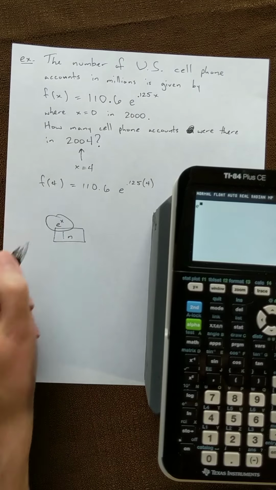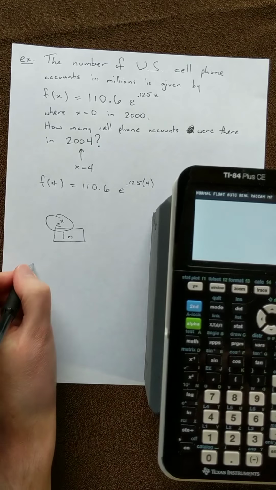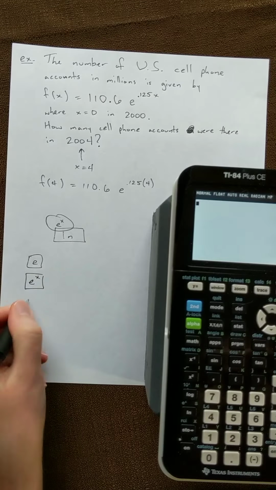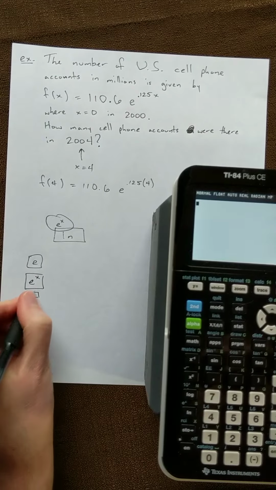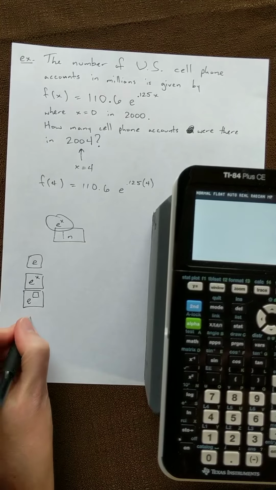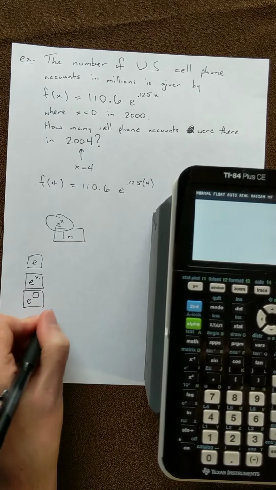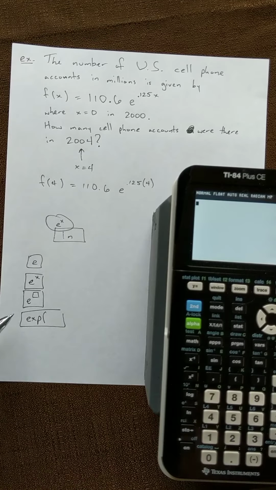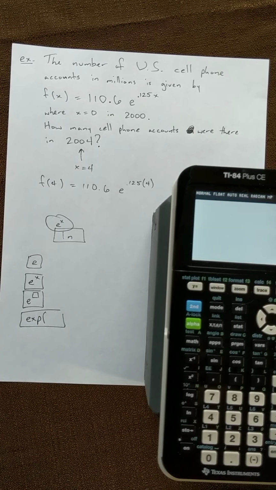So keep an eye out for where the e is on your calculator. It might have an explicit e button. It might look like e to the x or e to the box. Or some older calculators actually have a button that says exp and parentheses. Any one of these is how you get an e to show up on your screen.